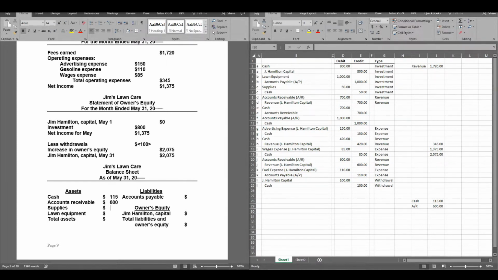We have just our $50 in supplies from here because it doesn't say we used them up. So we have $50 in supplies. Okay. Then lawn equipment. Well, we purchased $1,000 worth here, right? Anything else? I don't believe so. So we have $1,000 in lawn equipment.